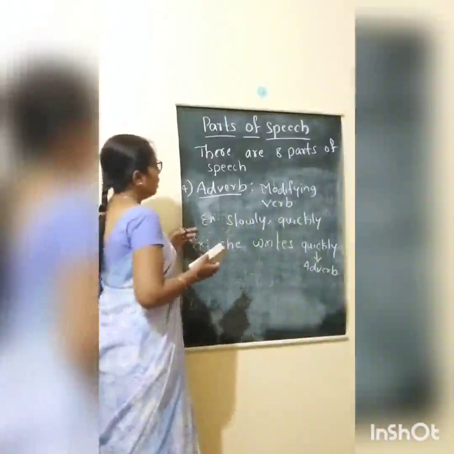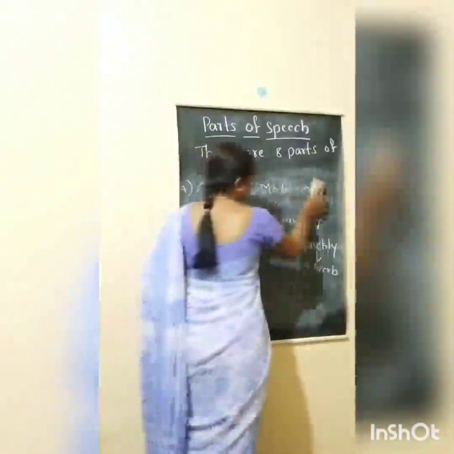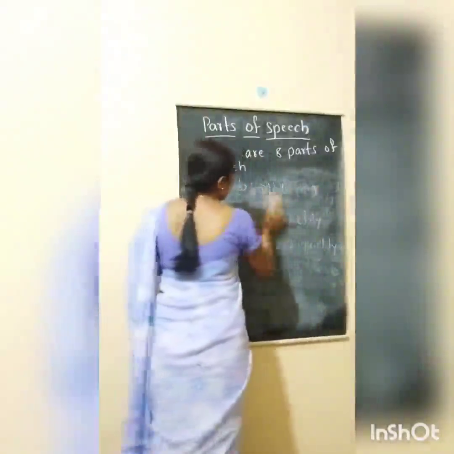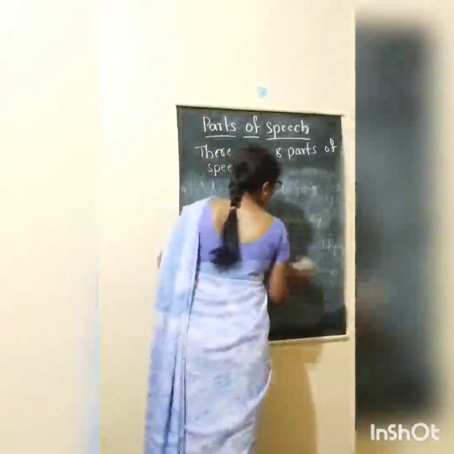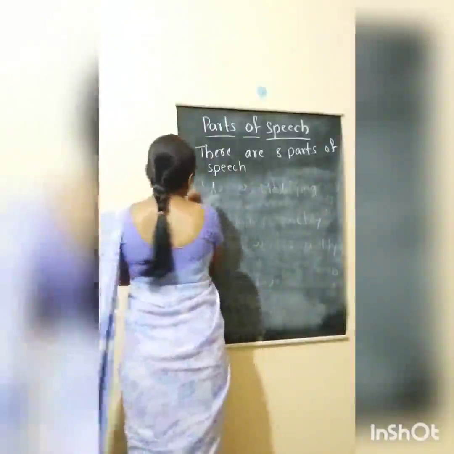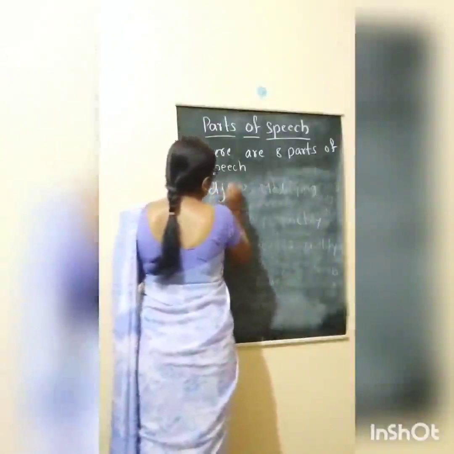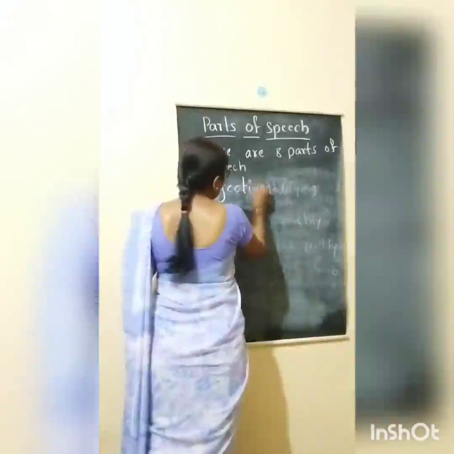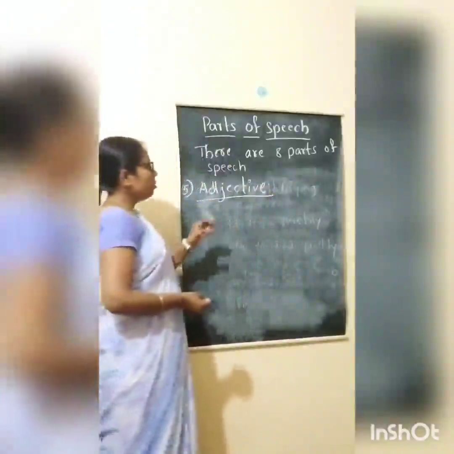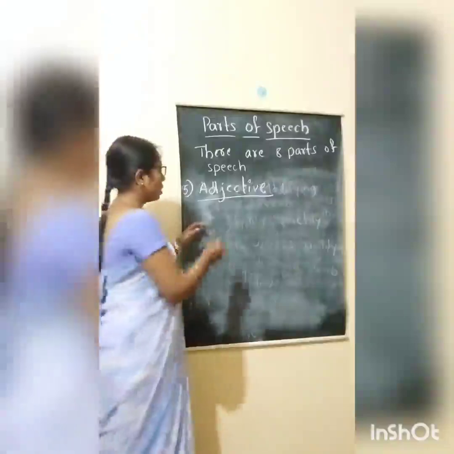And the fifth one is adjective. Adjective is describing a noun and pronoun.